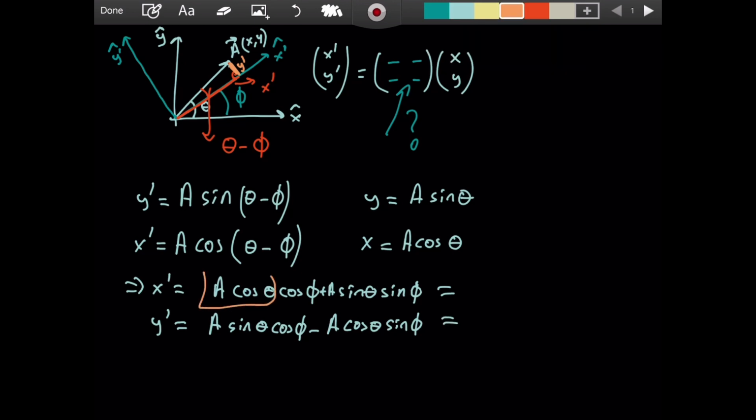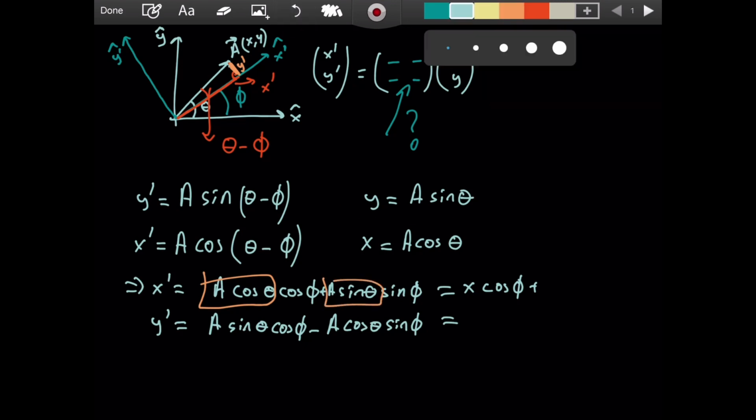And look at this. What is A cosine of theta? That's x. So x cosine of phi. Plus, what is A sine of theta? That's y. So y sine of phi. Again, A sine of theta, that is y. So y cosine of phi.